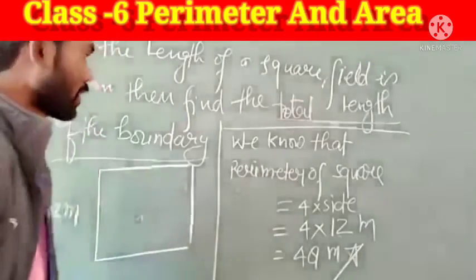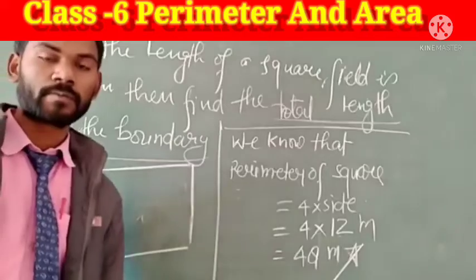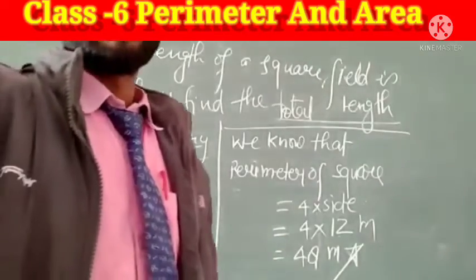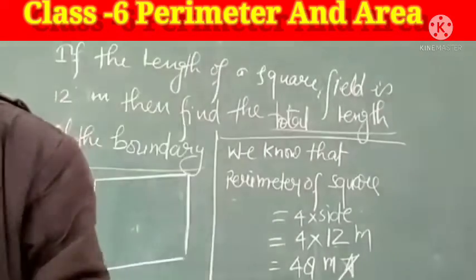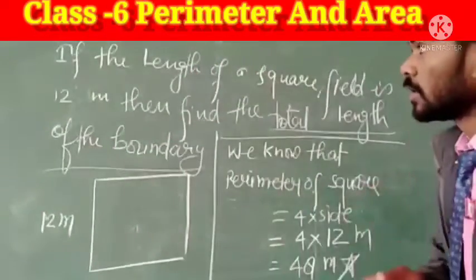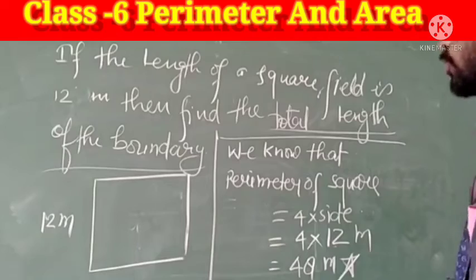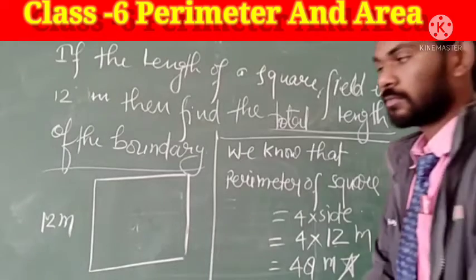So students, I hope the solution is clear to everyone. Let's see once again. The given question says that if the length of a square field is 12 meter, then find the total length of the boundary.